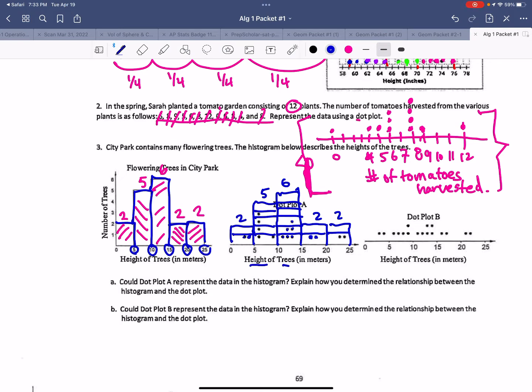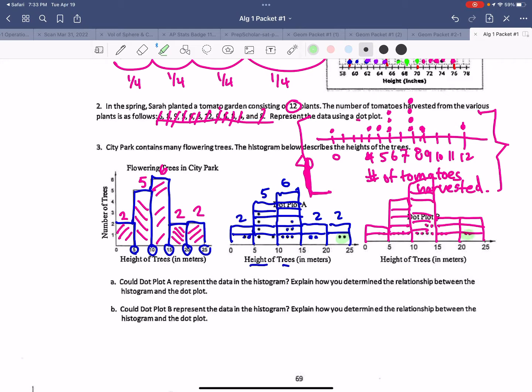Now look at dot plot B. I've got 2 here in this bin. 1, 2, 3, 4, 5 in this bin. 1, 2, 3, 4, 5, 6. 2 in here and 2 in there. It looks like the same data. So although the data is slightly different, I saw some small differences here.